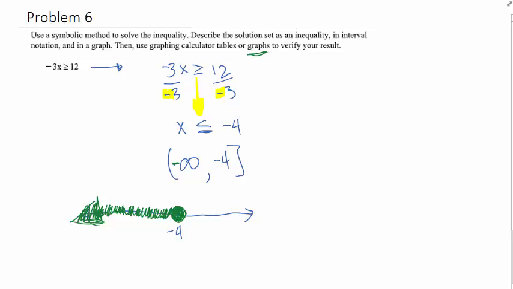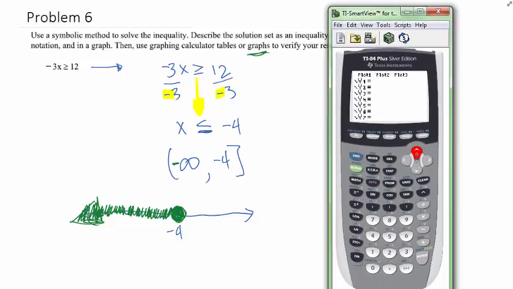So I'm going to use the graph for my graphing calculator. Here's my graphing calculator, and I have it set up to put in some graphs. The two graphs that I want are -3x and 12.